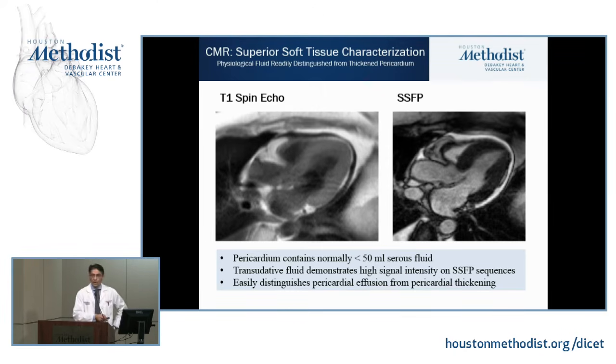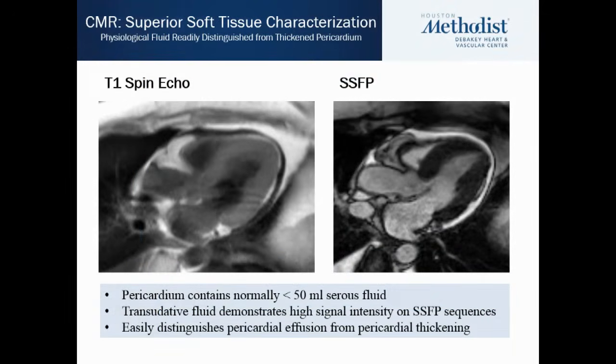In this sequence, anything very bright is usually fluid. So this darkness that we're seeing here tells us this is not pericardial thickening, but rather a pericardial effusion. So using tissue characterization is much easier with CMR and can help us differentiate thickening from actual fluid.